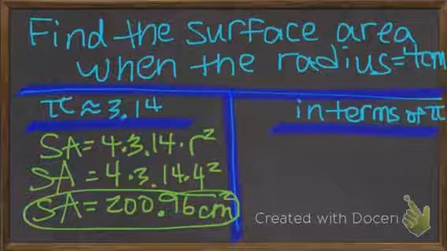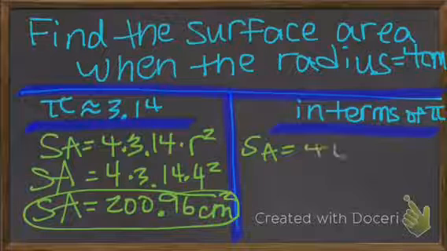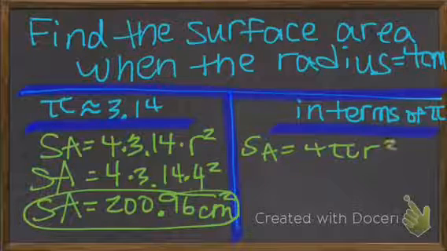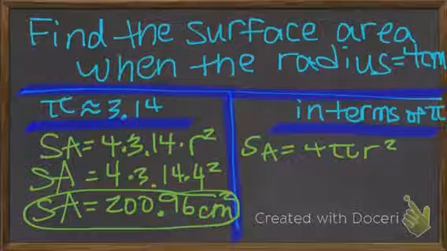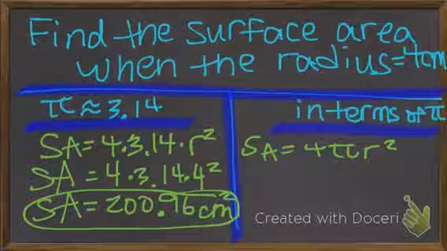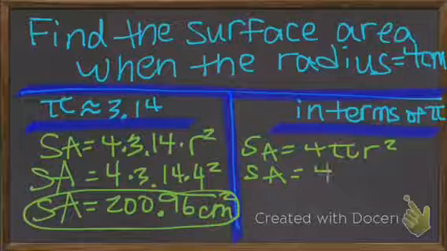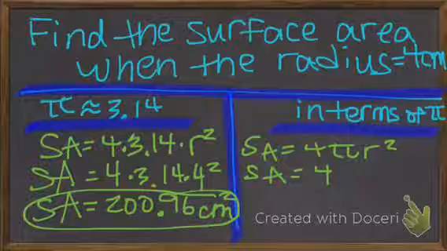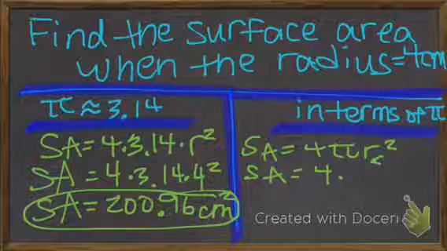If I leave it in terms of pi, the surface area is 4 pi r squared. That doesn't change. This is a little bit less work because I don't have to put 3.14 into my calculator. Instead, I do 4 times radius squared, so I'm going to flip the order.